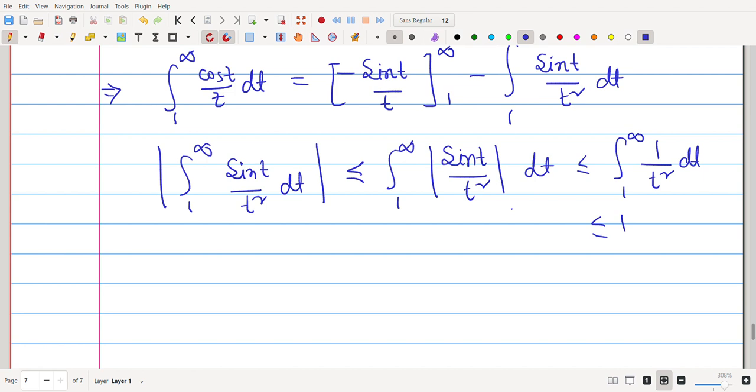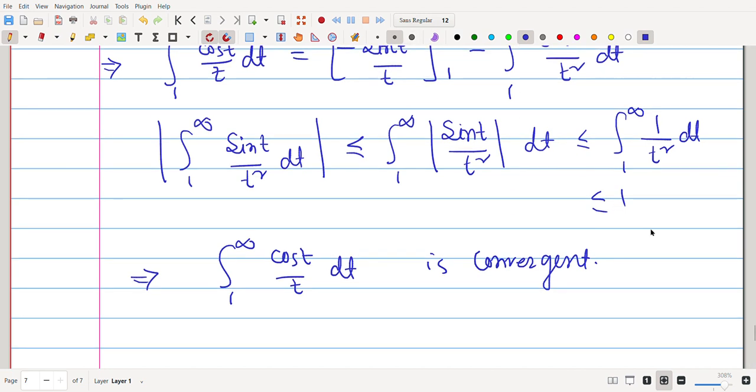And this will imply that the integral from 1 to infinity of cos t by t dt is convergent. This integral is convergent because this quantity is finite, this quantity is also finite, so it is convergent.